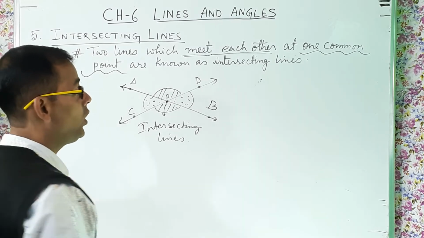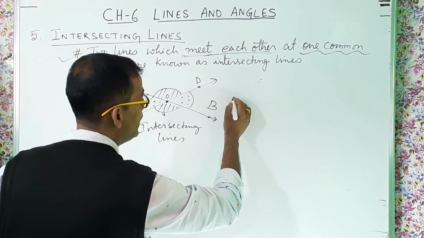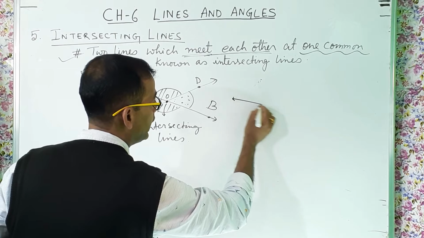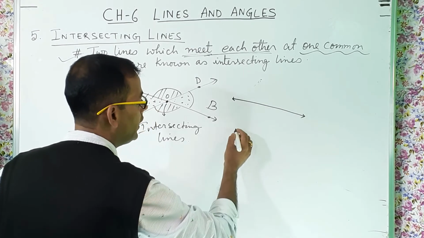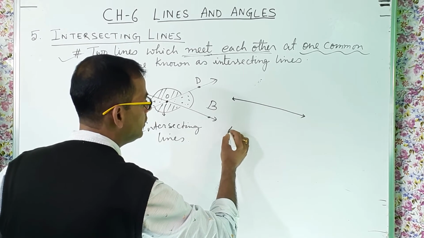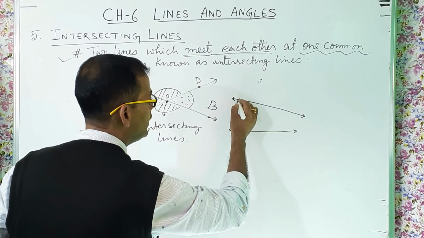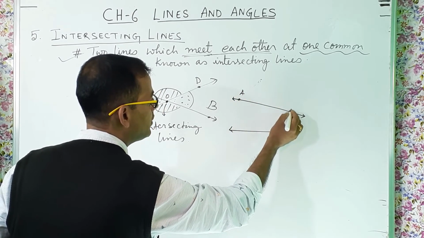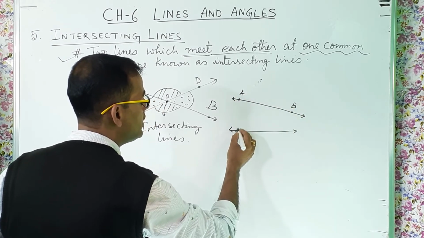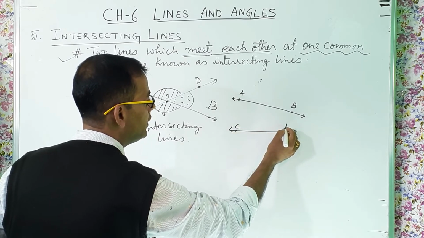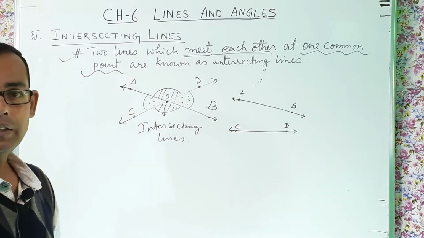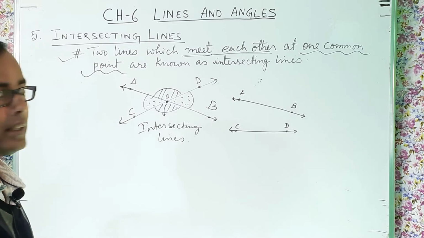Now, if I draw another picture, a diagram like this, and then another line like this. Suppose this is A and this is B, this is C and this is D. Are they intersecting each other? No, they are not intersecting.